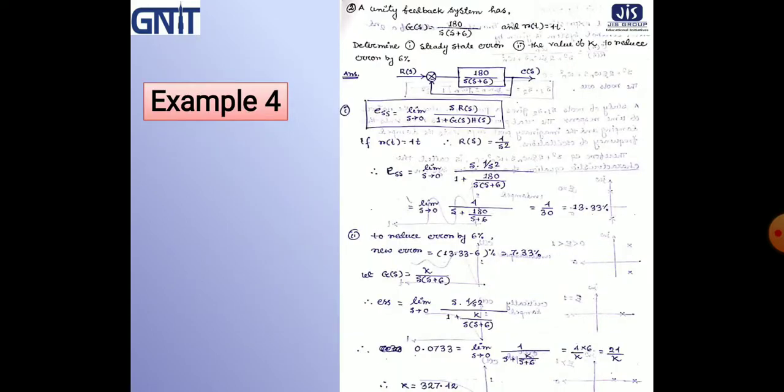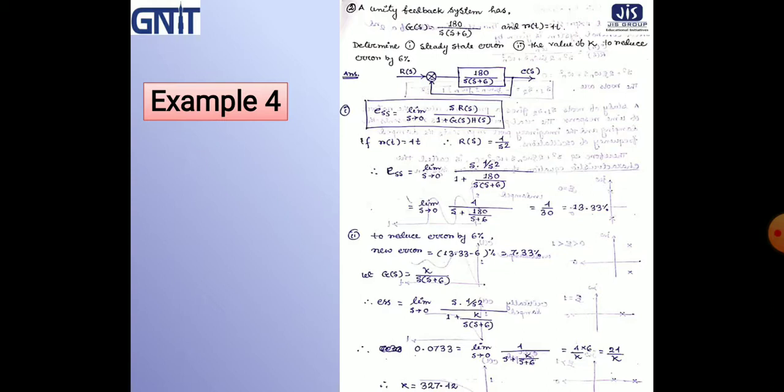There is one more example. Just see the example. Here a unity feedback system is given, with G(s) equal to 180 divided by s into (s plus 6), and R(t) is equal to 40.